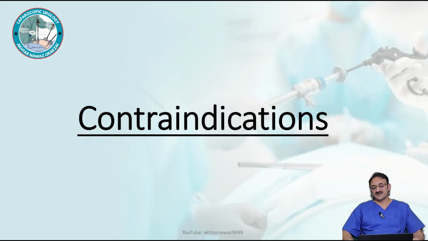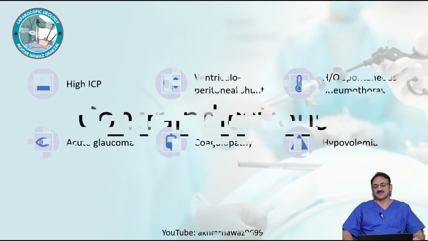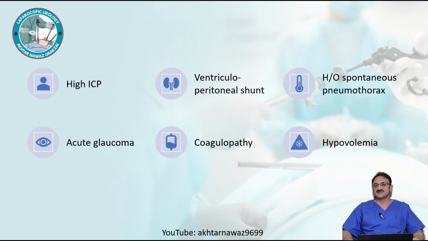Now we come to the contraindications. In the modern world, with all the sophisticated monitoring tools, the contraindications to laparoscopic surgery or pneumoperitoneum have decreased down to very few conditions. And those would be contraindications to any general surgery, any kind of surgery.